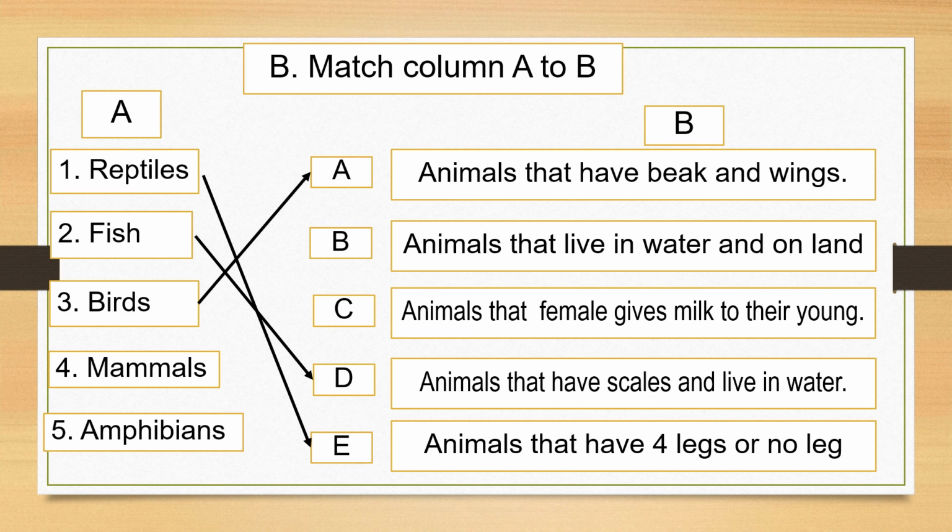And then number 4, mammals. B or C? The answer is letter C. So mammals are animals whose females give milk to their young or babies. And then number 5, the last number, we already know it, letter B. So amphibians are animals that live in water and on land.